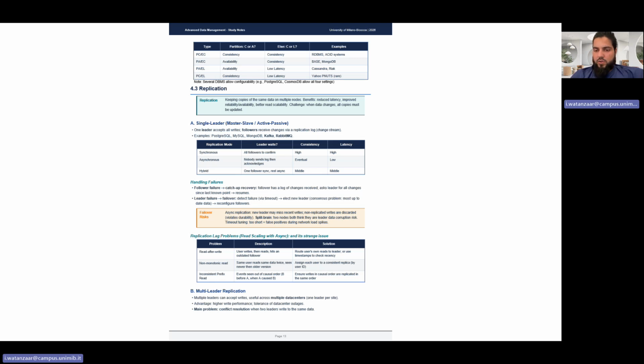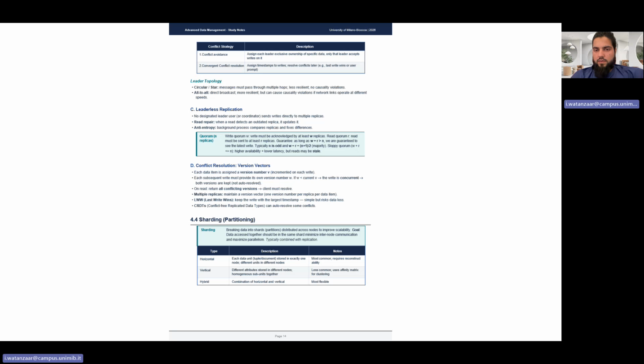But with sharding, we are mainly breaking data into shards. We have a certain dataset, we split it into shards or partitions, and then the shards or partitions are distributed across the nodes to improve scalability. Here they almost keep all the features of reliability and low latency, but we focus more on scalability.